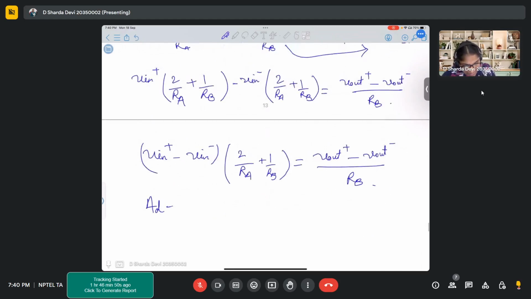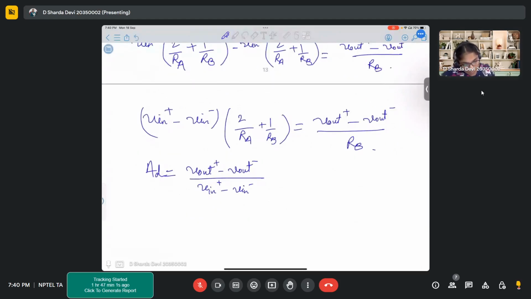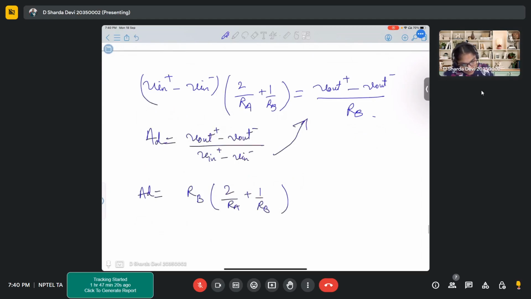So how do you write AD? AD you can write it as (V out plus minus V out minus)/(Vn plus minus Vn minus). So from above, you can write your AD as RB (2/RA plus 1/RB) is your AD.